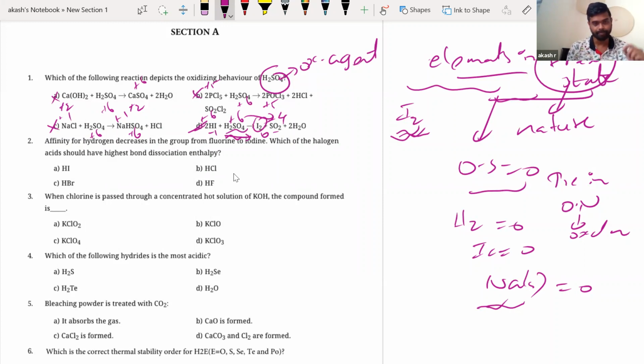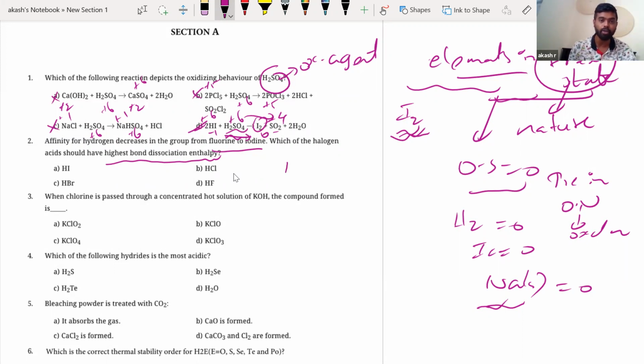Affinity for hydrogen decreases down the group. That's what they're telling. Decreases from fluorine to iodine. That is, when I go down the group, affinity for hydrogen decreases. Which of the following acids have the highest bond dissociation enthalpy? Now you understand that how they can attract the hydrogen decreases down the group.